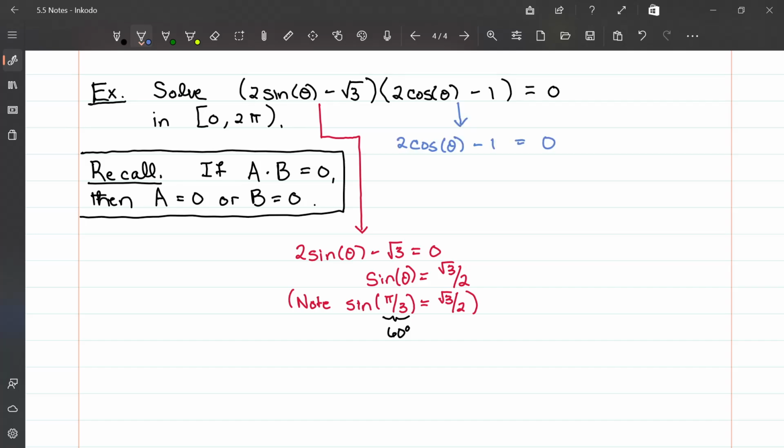And a little math magic later, we get cosine of theta is equal to 1/2. And we can make another note here. Note that cosine of pi over 3, so once again, cosine of 60 degrees, is equal to 1/2.